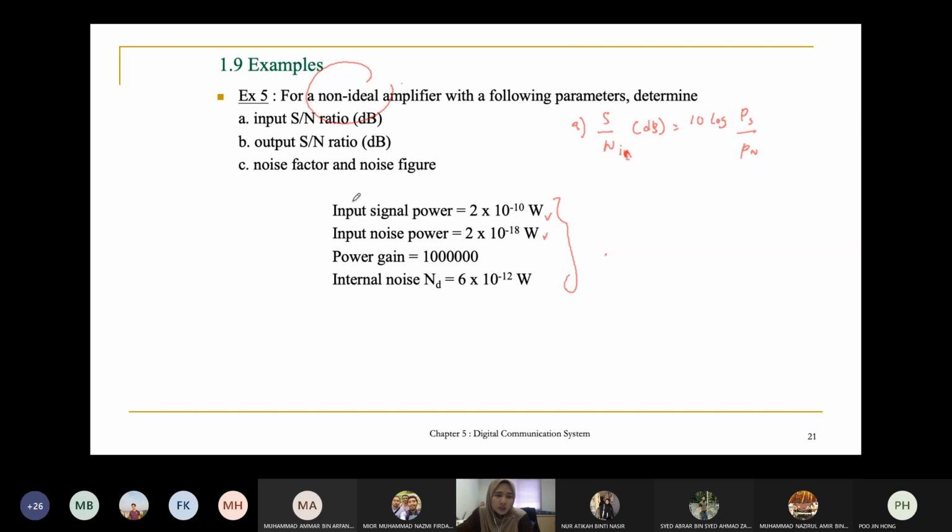So tengok kat sini, ni dah tulis input. So untuk kira signal to noise ratio at the input, kena guna yang input.